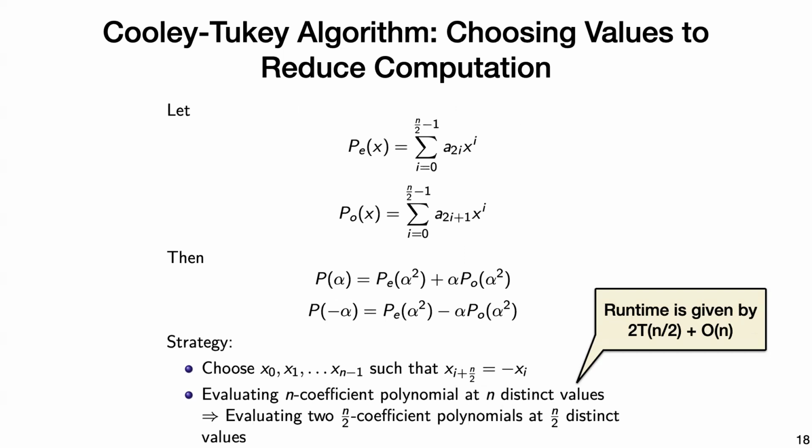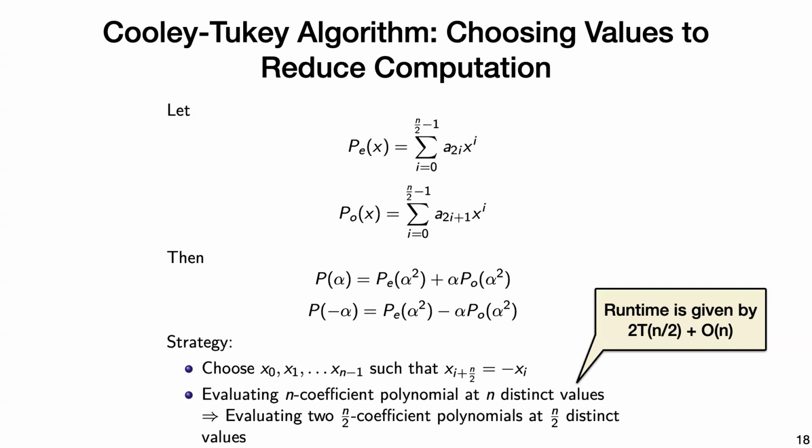Okay, so this is just explaining a little bit what I was saying earlier. You have this even half and this odd half based on the powers, and they are both overlapping with each other if you evaluate at alpha and negative alpha. Plugging this in, p of alpha is the even polynomial with alpha squared in it, plus alpha times the odd polynomial with alpha squared in it.